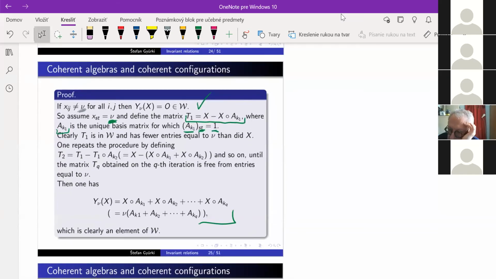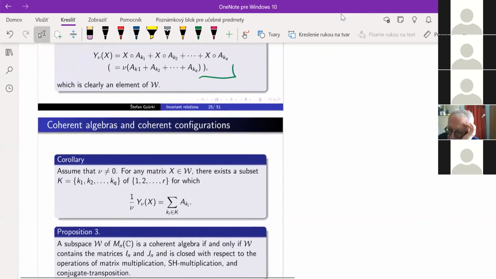Maybe it is much easier to prove this by simply writing the original matrix as a linear combination of the basic matrices, and after that to see that the corresponding coefficient should be equal to the chosen value for all those matrices which have ones on the places occupied by the chosen value nu.